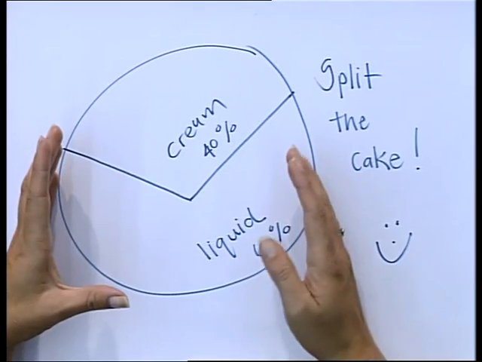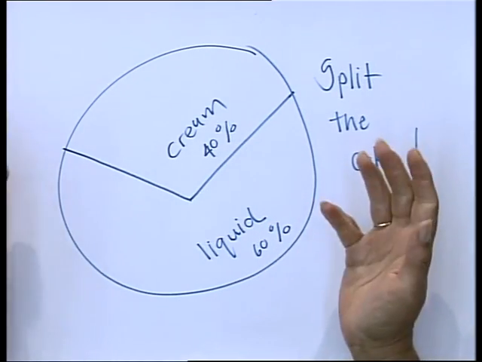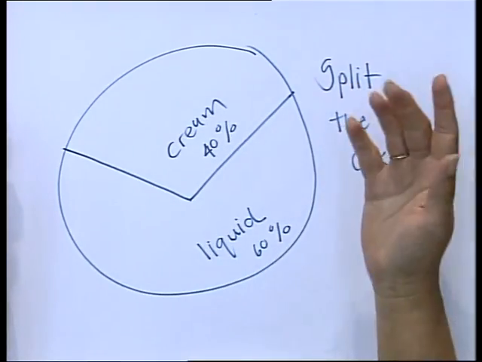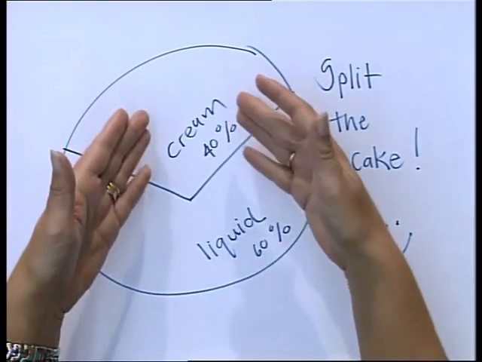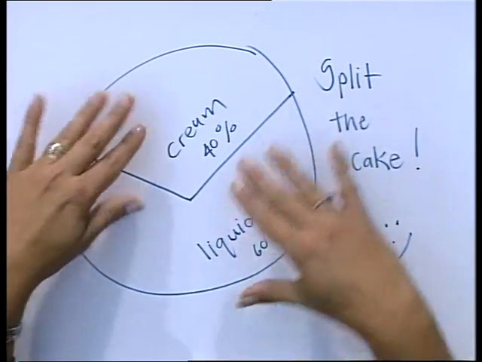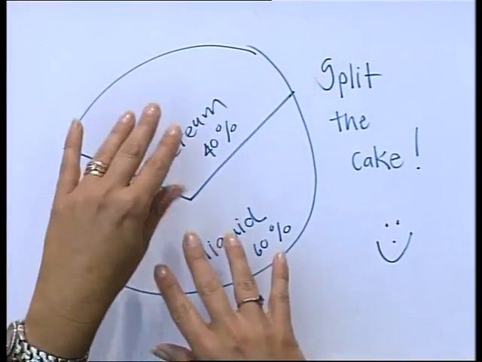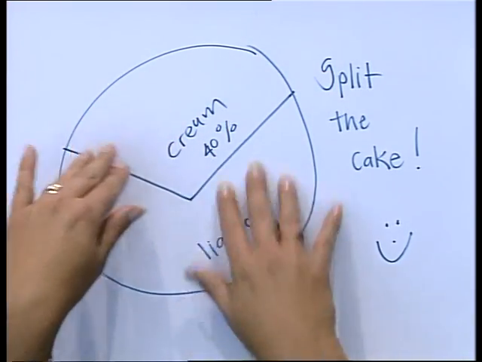So in this case, I'm looking at the sales value. So the total sales value could be 5 million, of which 40% is cream and 60% is the liquid. So I'll be splitting the cost in a similar fashion towards them as what their sales value is.